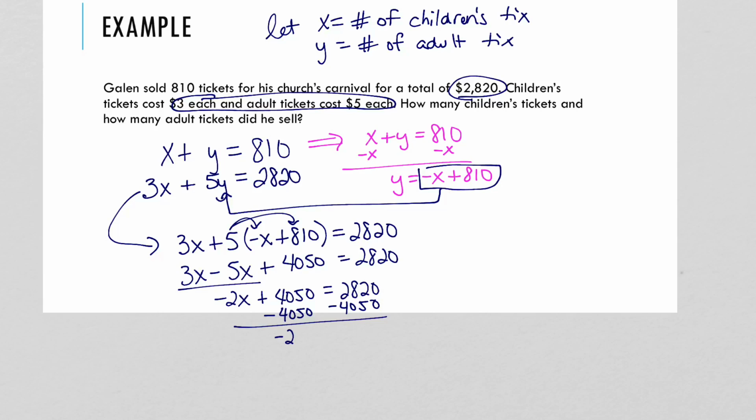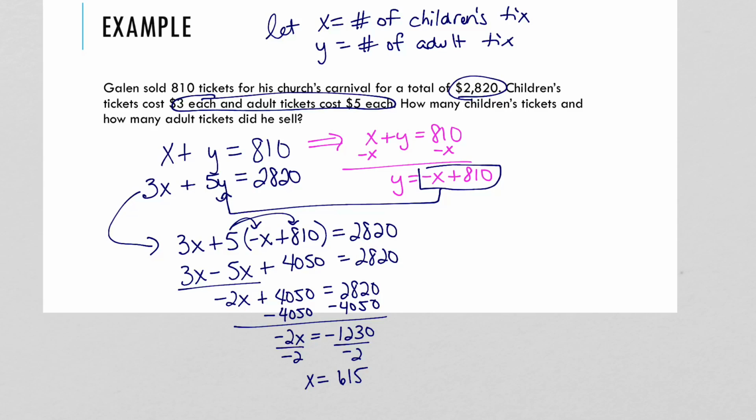And I get negative 2x is equal to negative 1,230. So what does that mean? That means that there were 615 children's tickets sold.